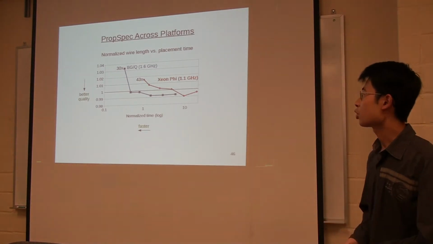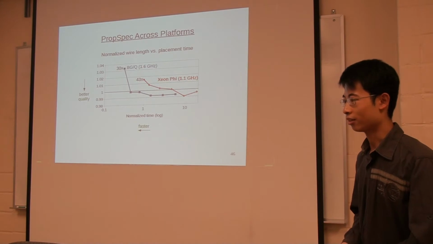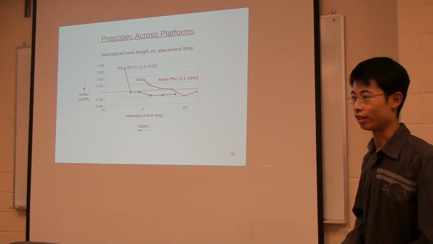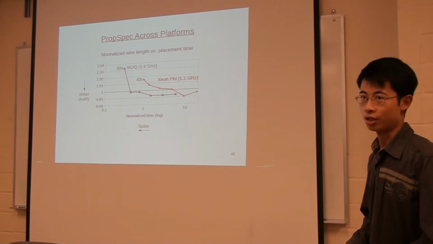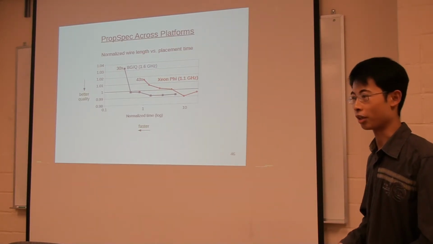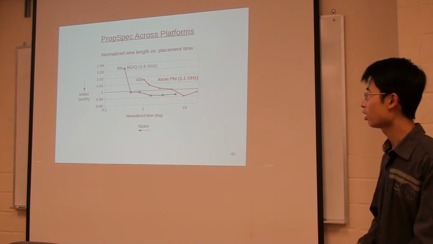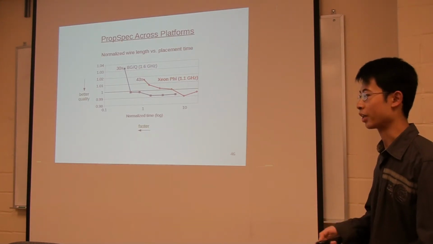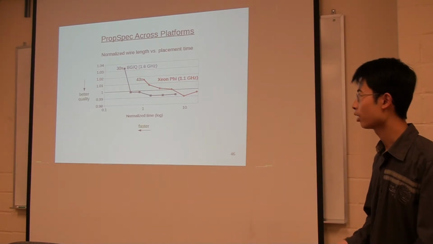Okay, so we tried a different platform as well, the Intel Xeon Phi, which has even more cores than the BlueGeneQ. So it achieves an even more impressive 43x self-relative speedup. But it runs slower overall, so its absolute speedup still can't beat that of BlueGeneQ.